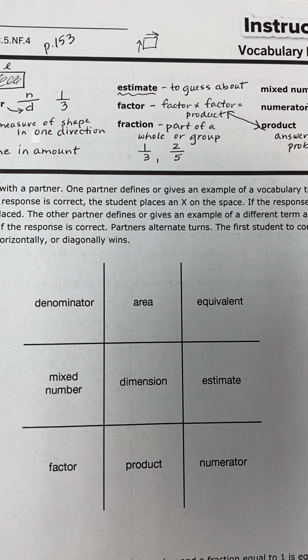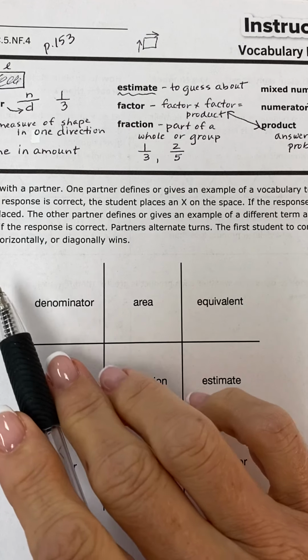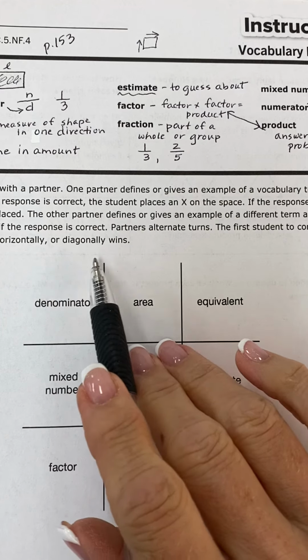If the response is correct, the student is allowed to put an X on the space. If the response is incorrect, no X is placed. But then the other partner defines or gives an example of a different term and places an O on the space if the response is correct. So partners alternate turns. The first student to connect 3 spaces vertically, horizontally, or diagonally wins.